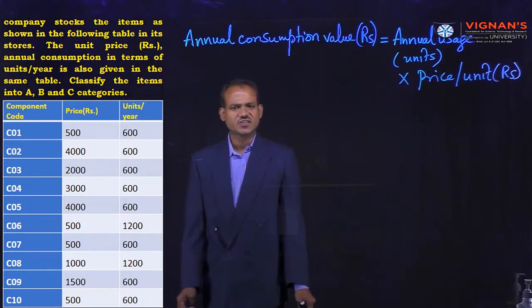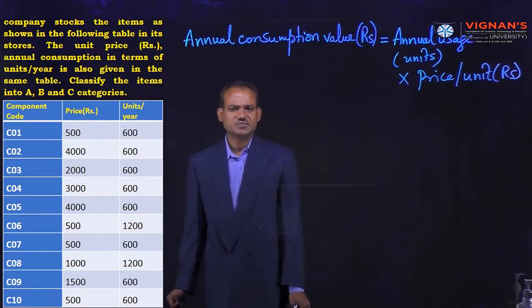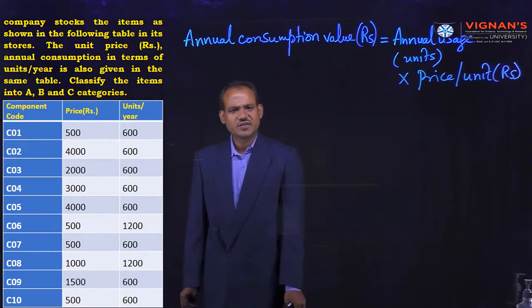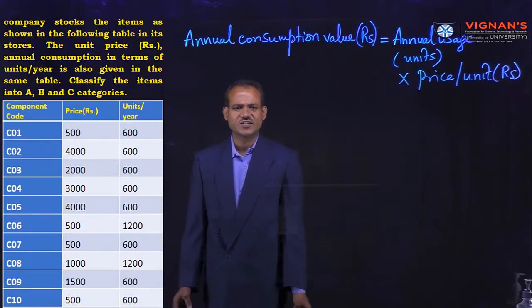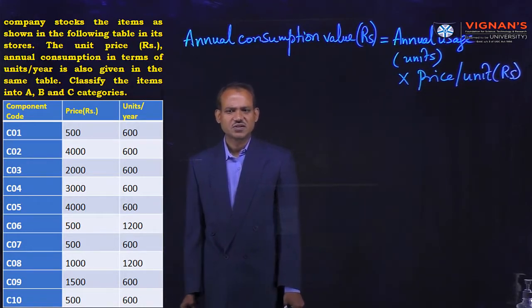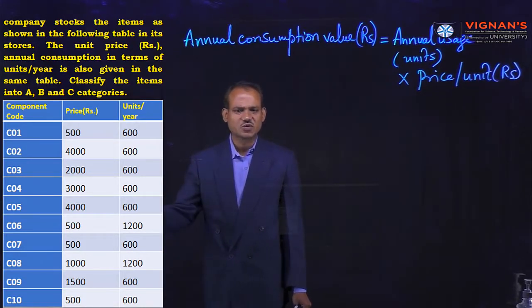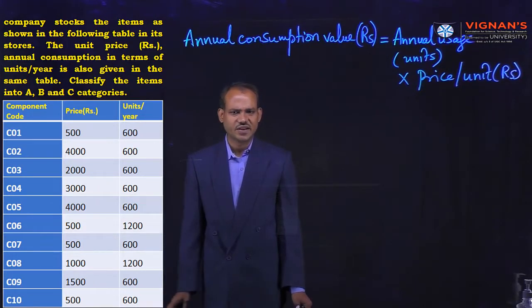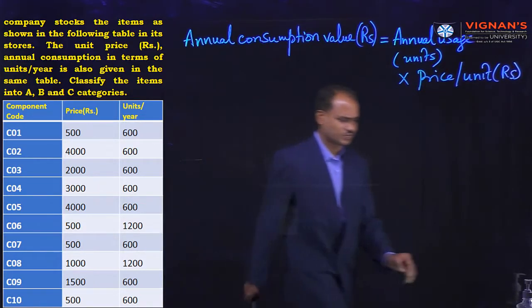By using this formula, calculate annual consumption value for each item. There are 10 items, 10 components, starting from C01 and ending with C10.